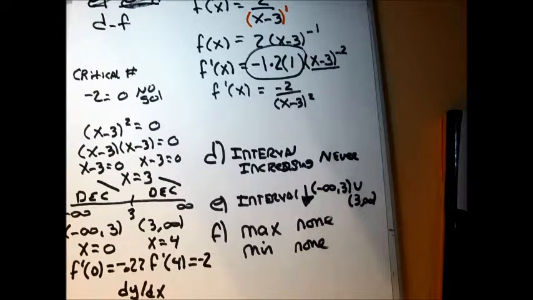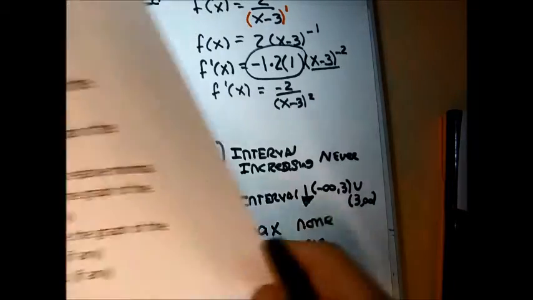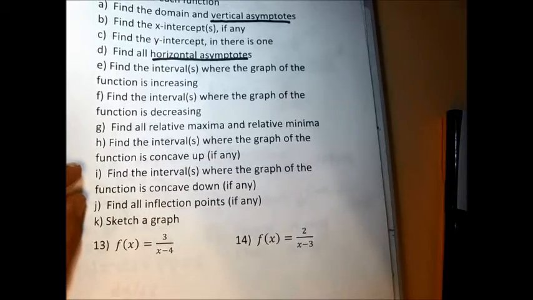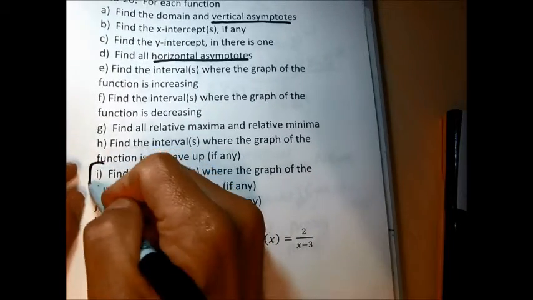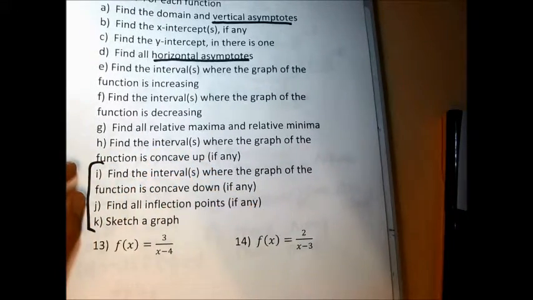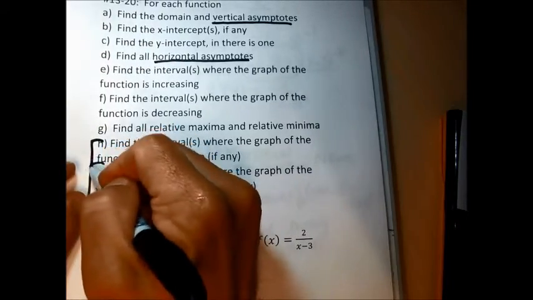There isn't really anything to put on the graph just yet, so I'll keep going. And the keeping going is just filling up the rest of the information, finding out the intervals where the graph was concave up, concave down, and any inflection points.